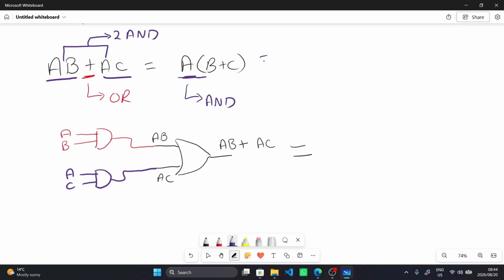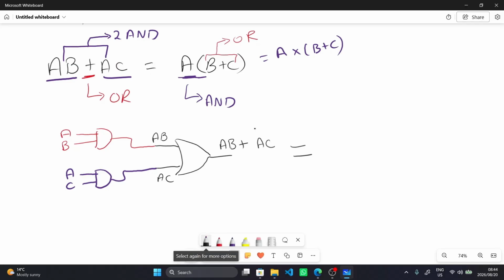So this is the same as A times B plus C. How many AND gates do we have? One, because there's only one multiplication here. Then we look at the OR gate: only two values are being added, so we have one OR gate, right?